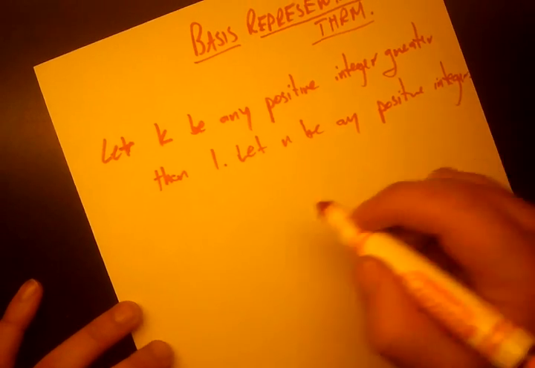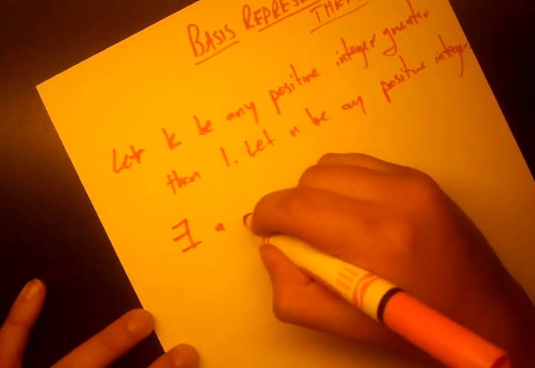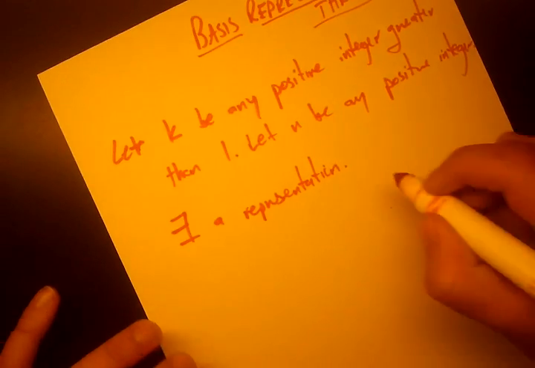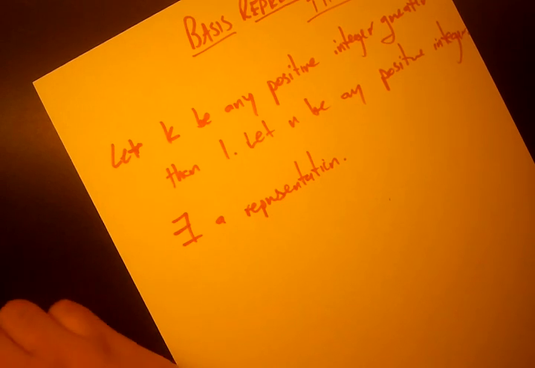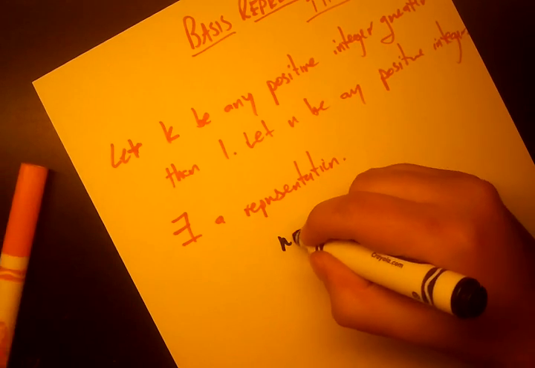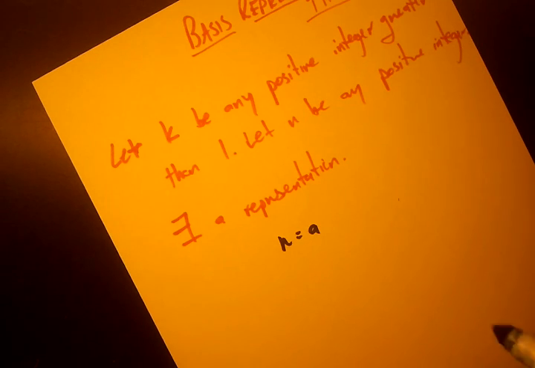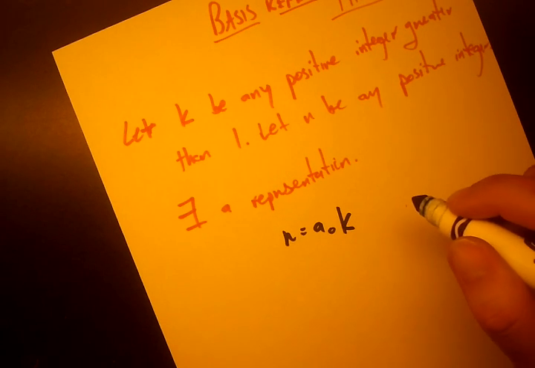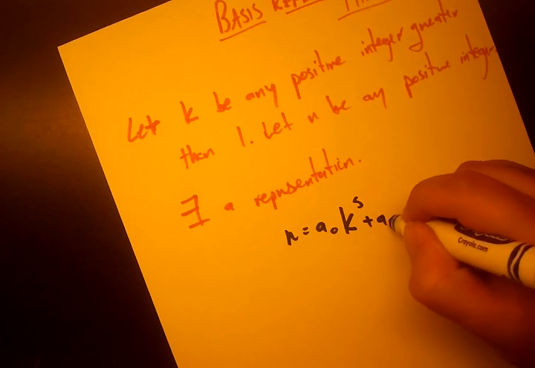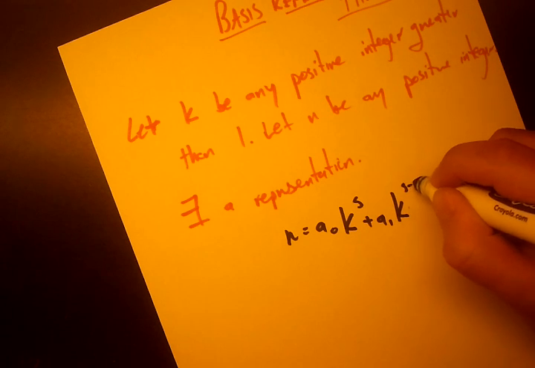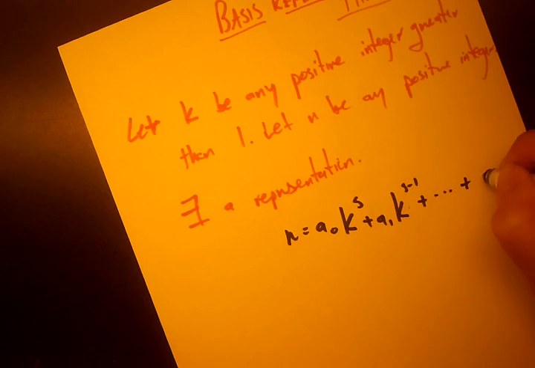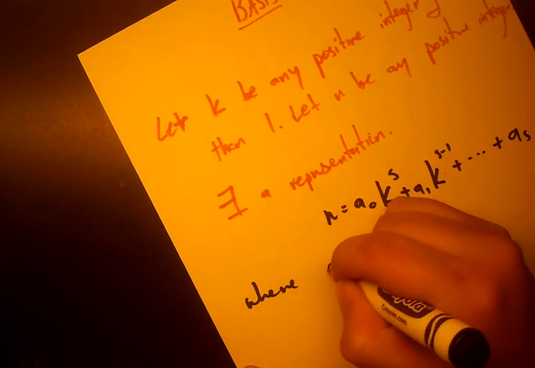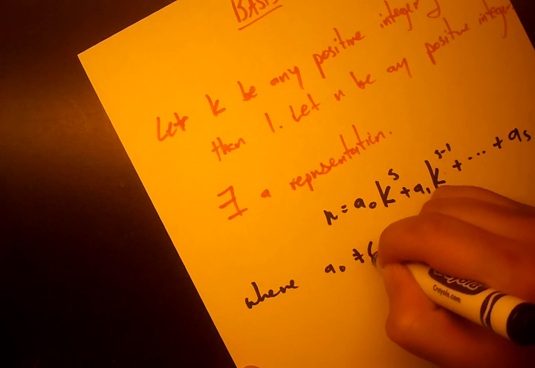Then we're going to say that there exists a representation that looks like this. So I'm going to write this in a different color just for emphasis. We're going to have n equals a naught, let's do a naught, why not? a naught k to the s plus a1 k to the s minus 1 plus dot dot dot plus a sub s, where a naught does not equal 0.